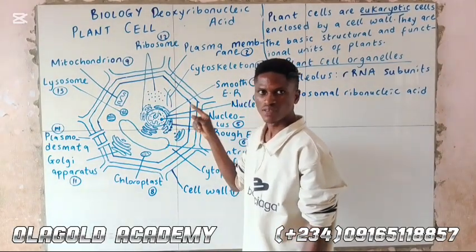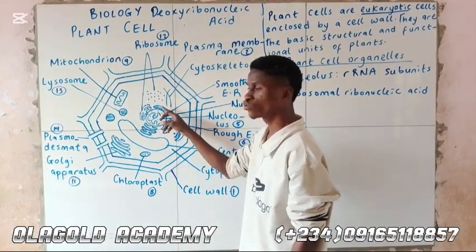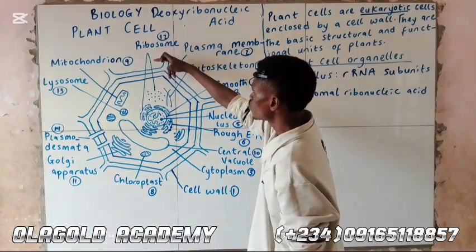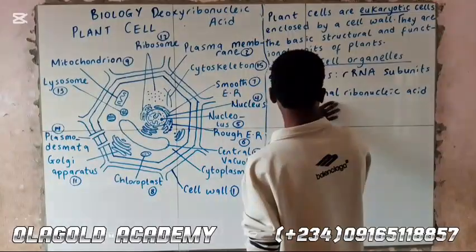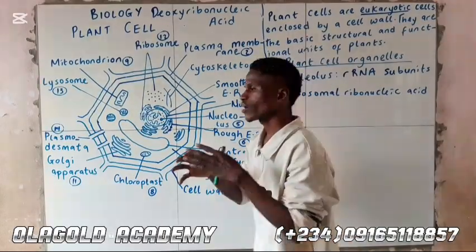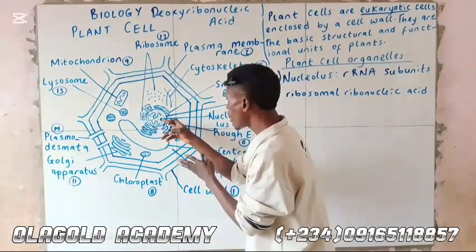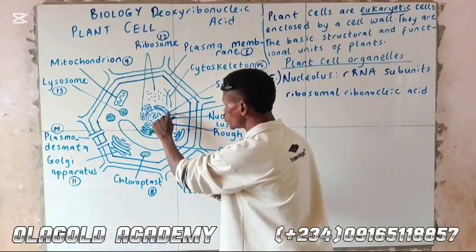Now, where is the nucleolus? The nucleolus is present inside the nucleus. Now, if you look up here, we see ribosome here. Now, this ribosomal ribonucleic acid, the subunits, when the nucleus produces them, they come out through the nuclear pores, the opening of the nucleus.